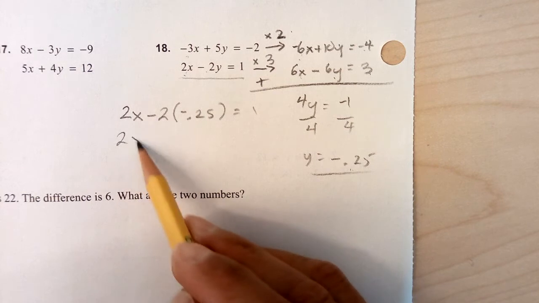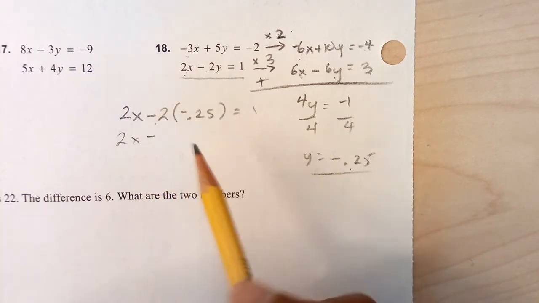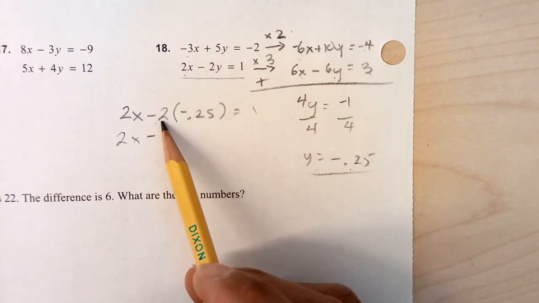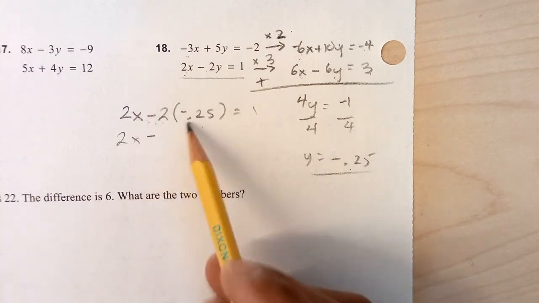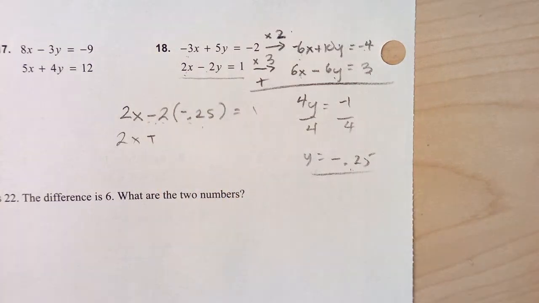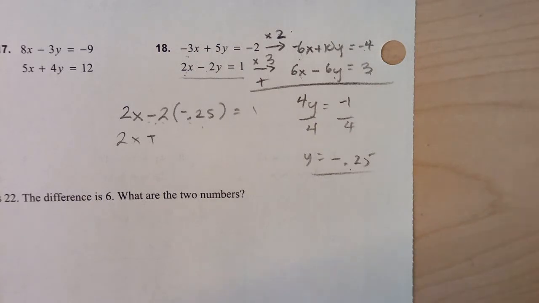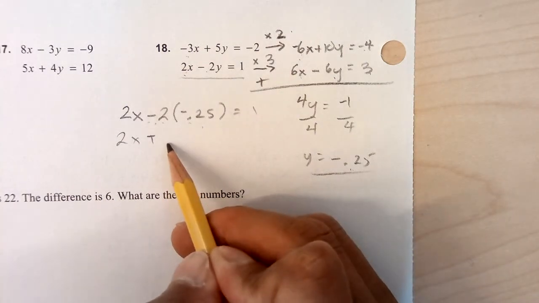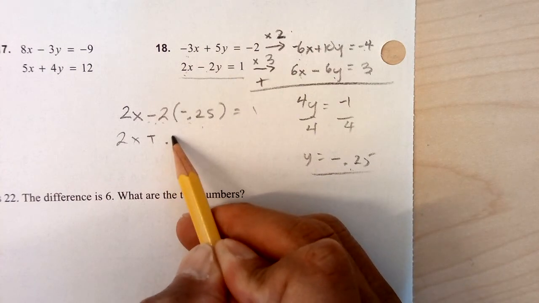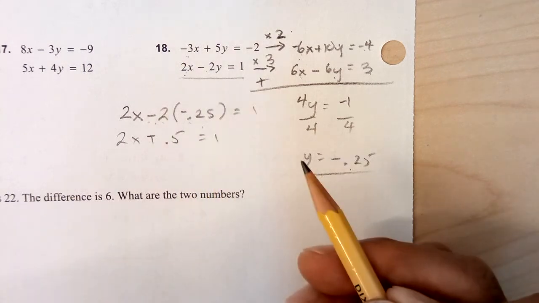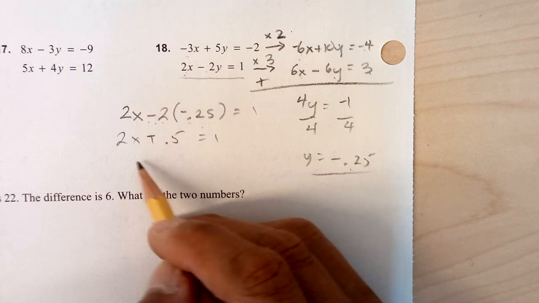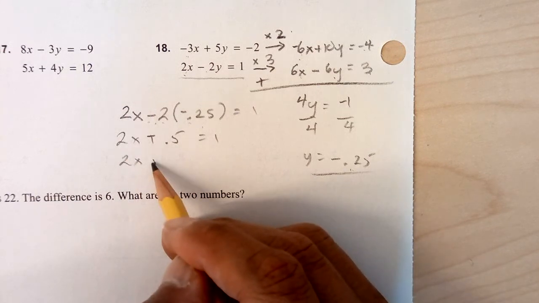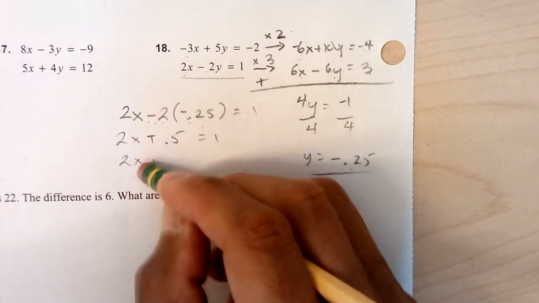It's 2x minus 2 times negative 0.25. Negative times a negative is a positive, and 2 times negative 0.25 is 1/2 or 0.5. It's equal to 1. So then what I could do is subtract 1/2 from each side.